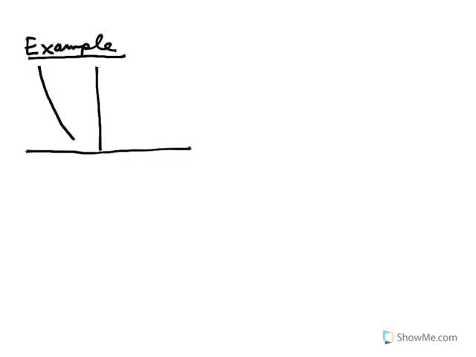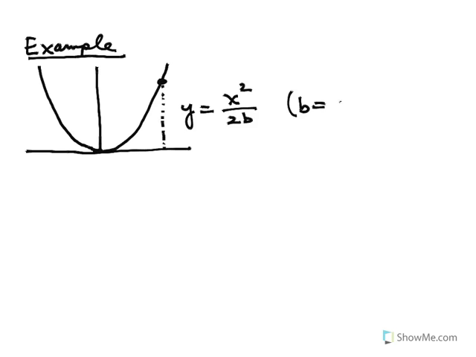The next problem is a particle that's sliding on a parabola. Now the parabola has the following equation: y is equal to x squared over 2b, where b is a constant.